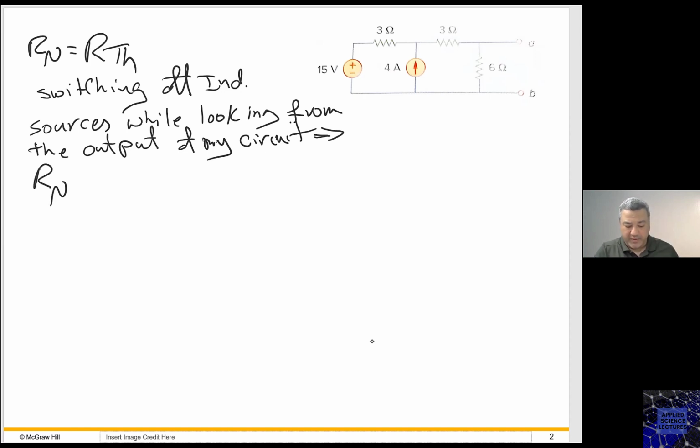So how does this happen? This is the output of my circuit. So while looking from the output and switching off, I will be switching off now.